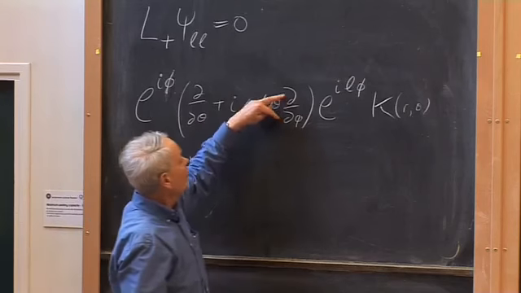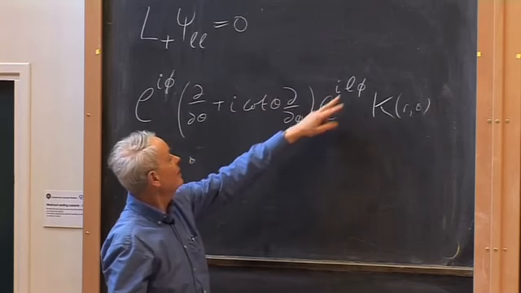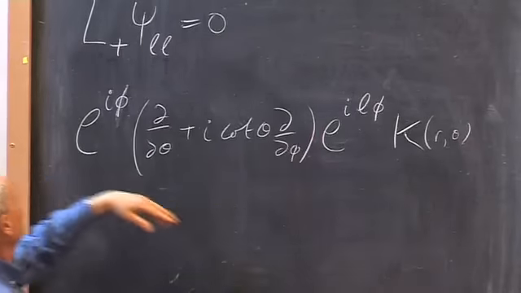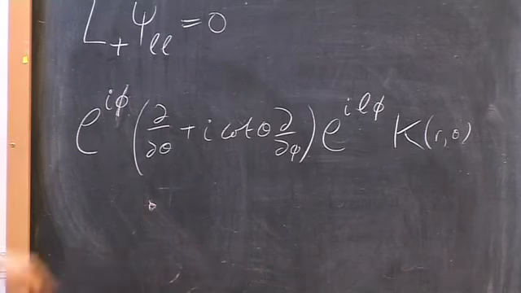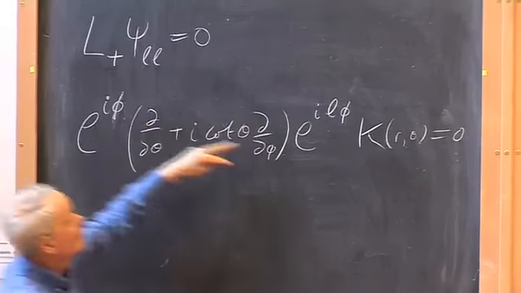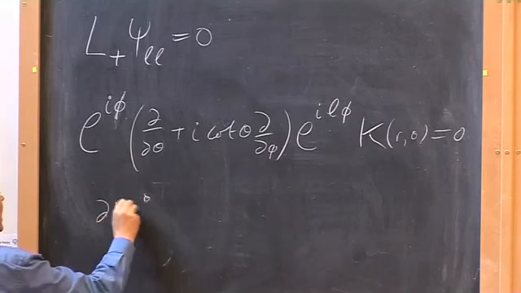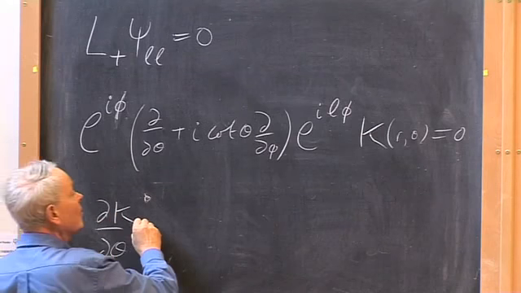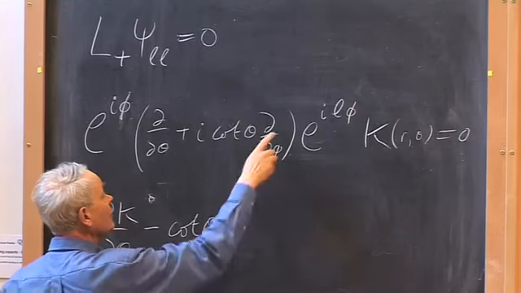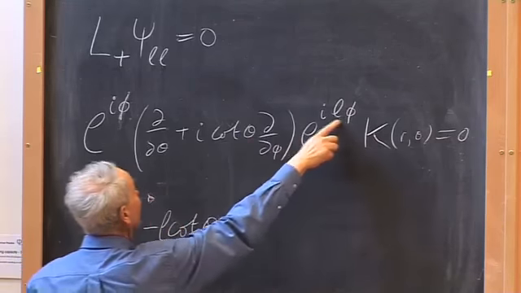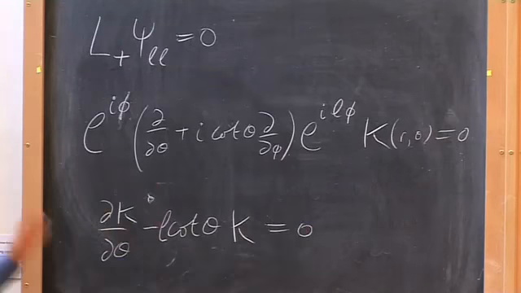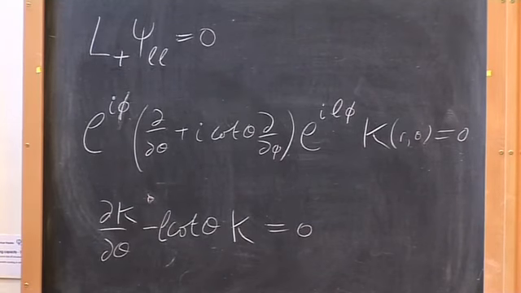So this term looks only at that and brings down an iL. This has got to equal 0. So we get two terms. This d by d theta term looks only at K. So we discover that dK by d theta minus L cot theta K equals naught. Then there's a factor of e to the something or other phi, which we can cancel away.